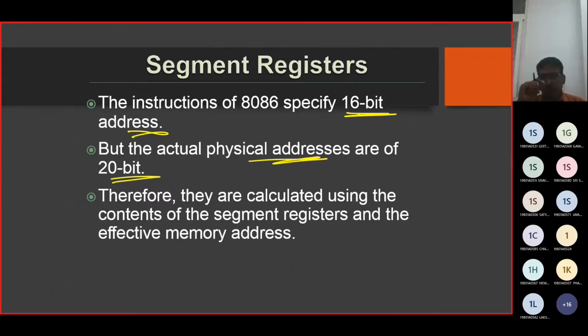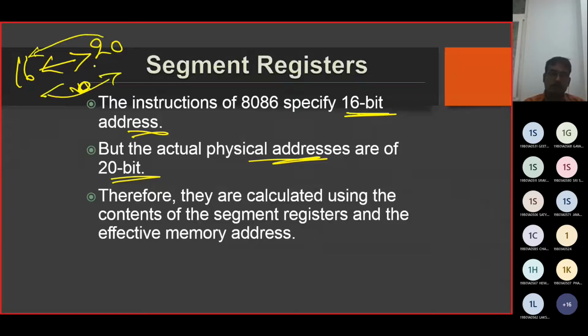How should we solve this issue? The 16 bits have to be converted to 20 bits, or the 20 bits have to be tied up with the 16 bits. So who is going to solve this issue?